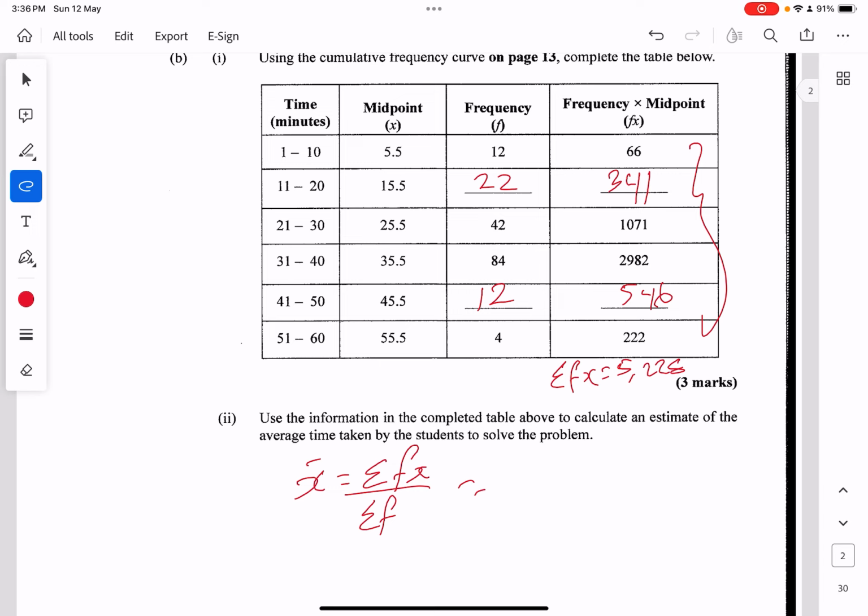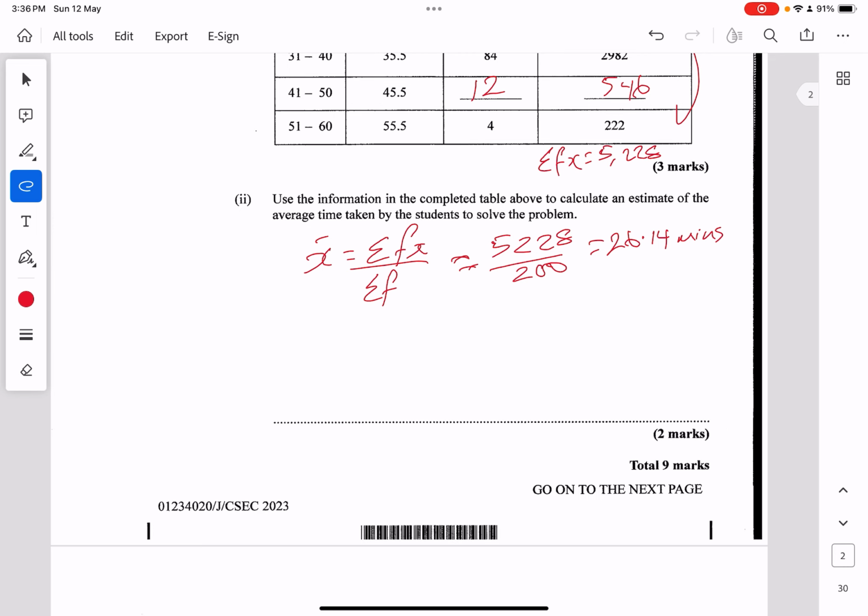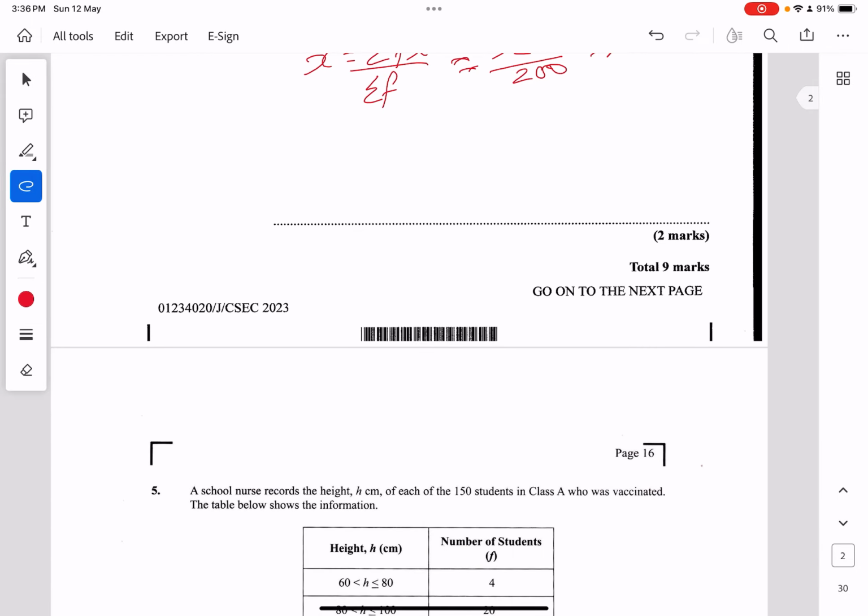So we ended up with 5,228 over 200, and that worked out to be 26.14 minutes. Right, and that is question 5. That's the first question on the sheet. Now, next one.